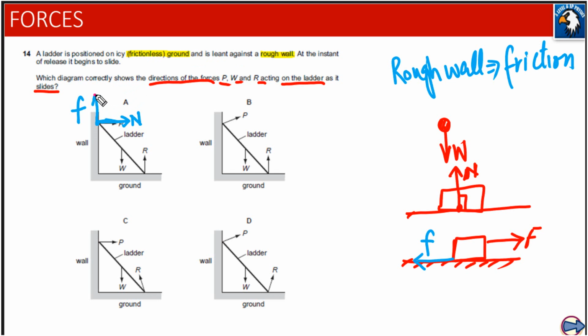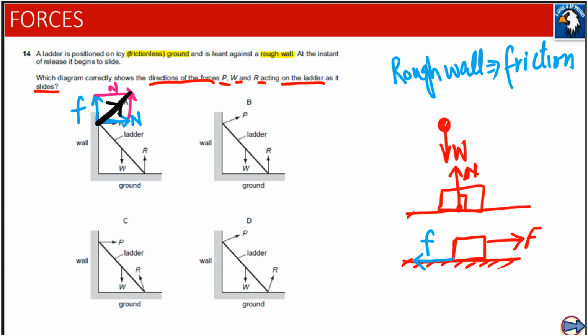We can first of all combine these two vectors. This is our normal reaction force, and we just change the place of the vector. Also here is the frictional force. We can now find the resultant of these two vectors, and the resultant will be this. So this has to be the actual direction of force P acting on the ladder at this point.